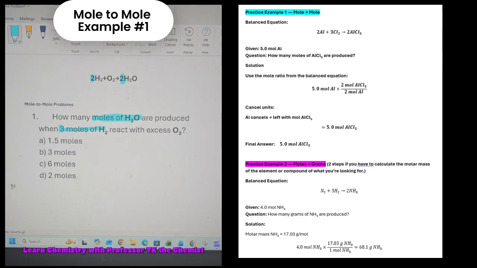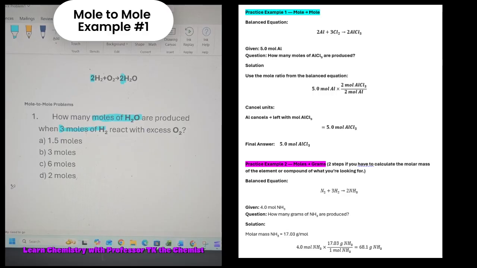Let's make a prediction as to what the answer will be. If I told you originally that you had 3 moles of hydrogen, then guess what? Because the two of them both have coefficients of 2, they're going to have the same answer.